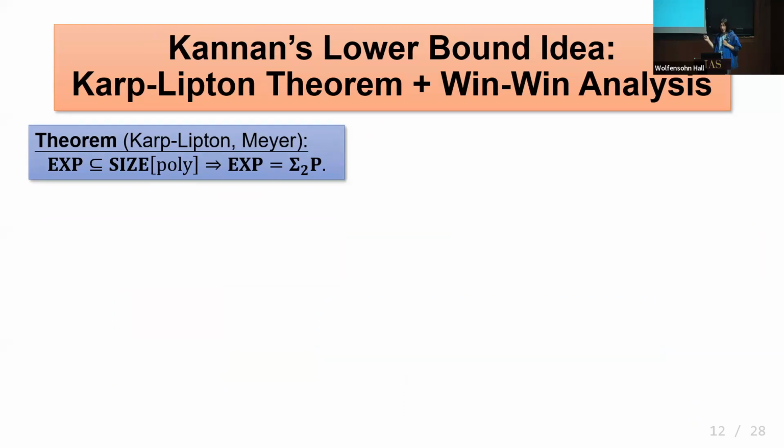The theorem says that if exponential time, okay, maybe this is also not the original version of Karp-Lipton, but it's definitely mentioned in the paper. So it says if exponential time is in polynomial size circuits, then exponential time collapses to sigma 2 P. So notice how sigma 2 P appears in the Karp-Lipton theorem very naturally. And this is related to the circuit lower bound.